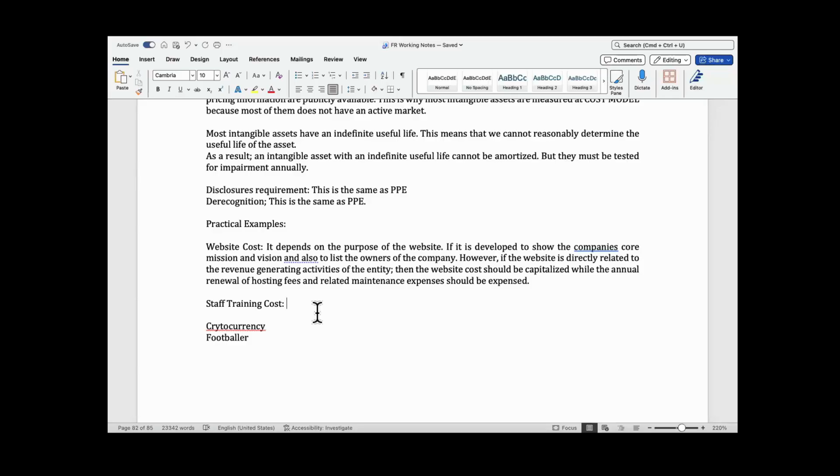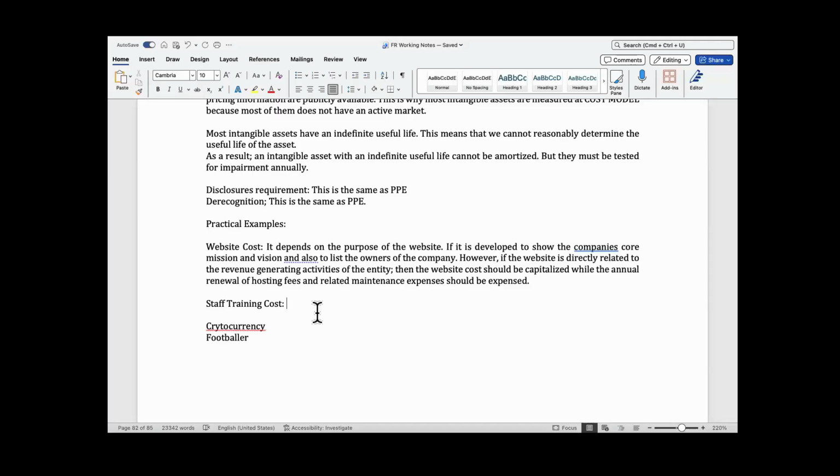Additionally, when you train staff, the skills they have gotten are beneficial to them, and yes, it will be beneficial to you, but you cannot put that in your books as an intangible asset because it does not even meet the recognition criteria for an asset.